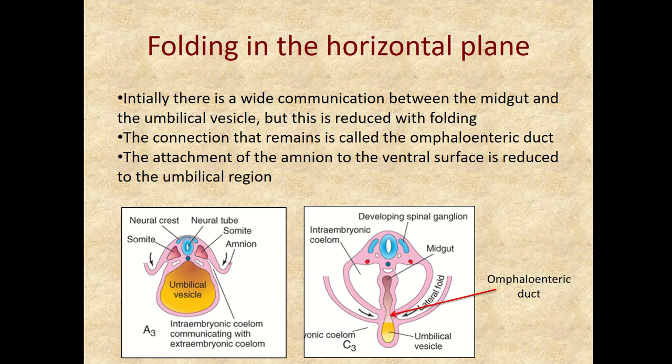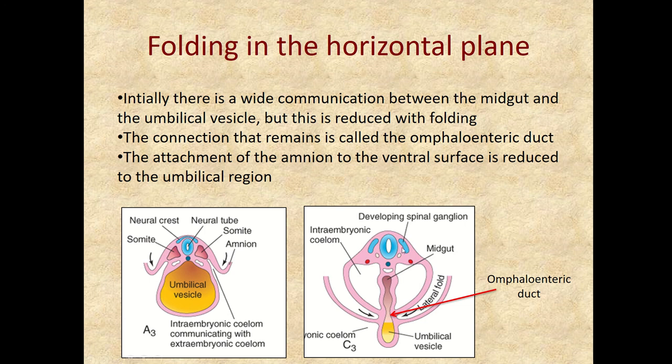And so for me, learning development, and no one had pointed out to me, it took me a long time to realize that this folding and bringing down of the walls of the embryo in this horizontal plane is how the amnion gets incorporated all the way around the embryo, and it doesn't just stick out on the dorsal side.